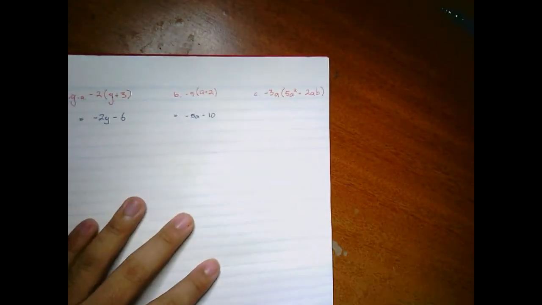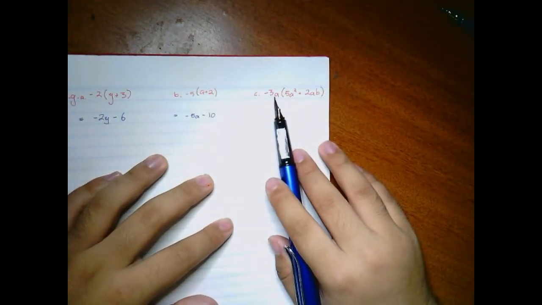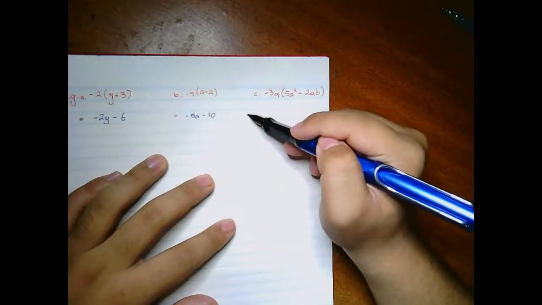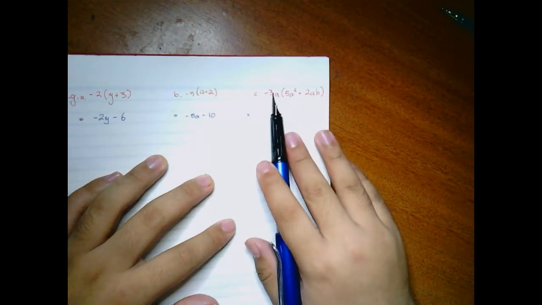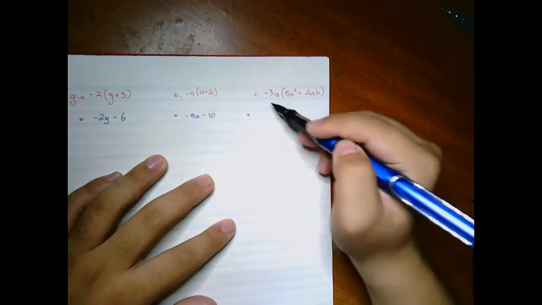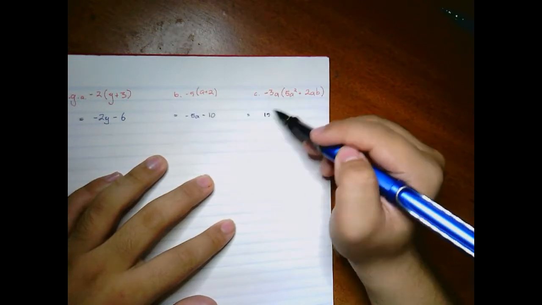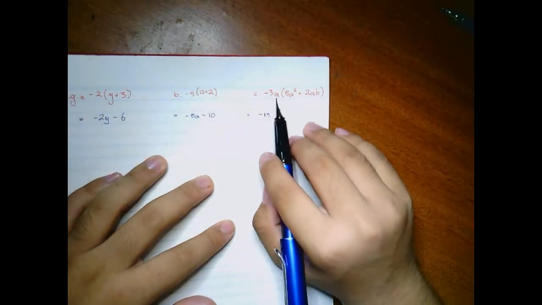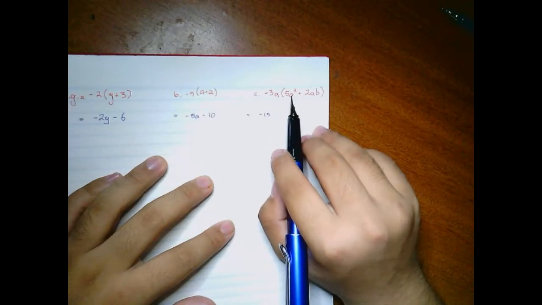I'll take this as our last example. We have negative 3a times 5a squared. Let's break this down a little bit. Negative 3, we'll do the numbers first. Negative 3 times 5. 3 times 5 is 15. But negative 3 times positive 5 is negative. Negative times positive. This is a to the power of 1 times a to the power of 2.